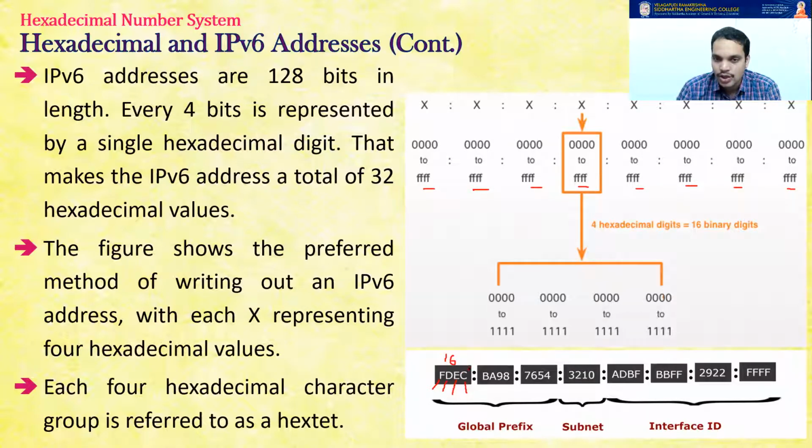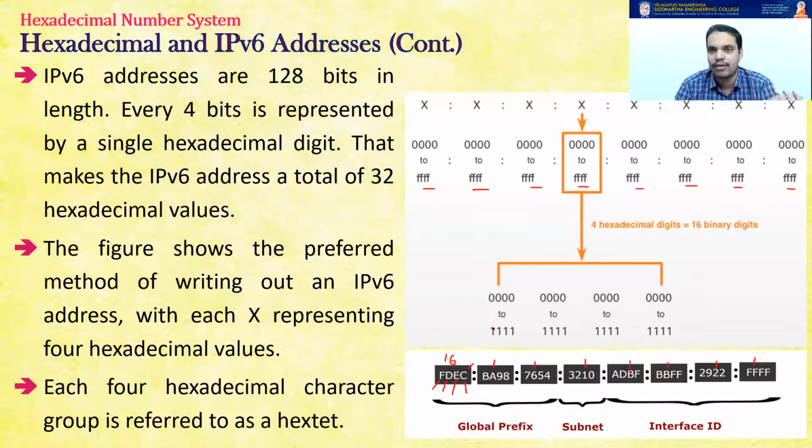And we have 1, 2, 3, 4, 5, 6, 7, and 8, so 8 hextets in total. You get the 128-bit length of your IPv6 address. Please remember this: IPv6 is 128 bits in length, because it solves most of the problems that your IPv4 has regarding address domains.